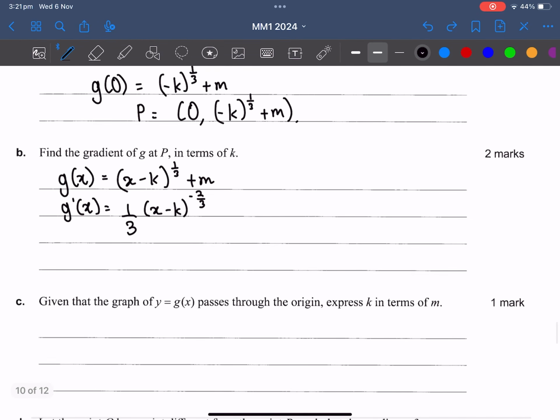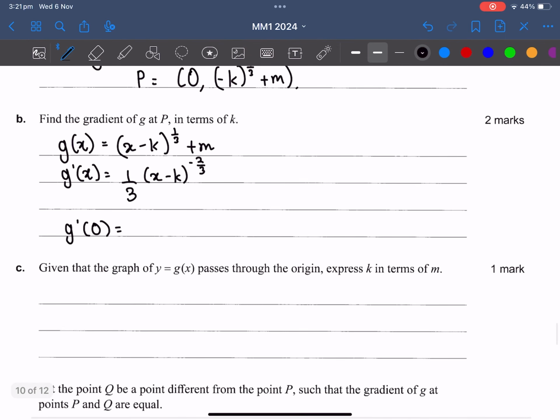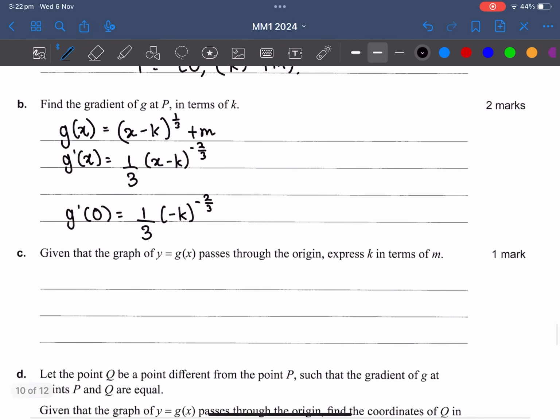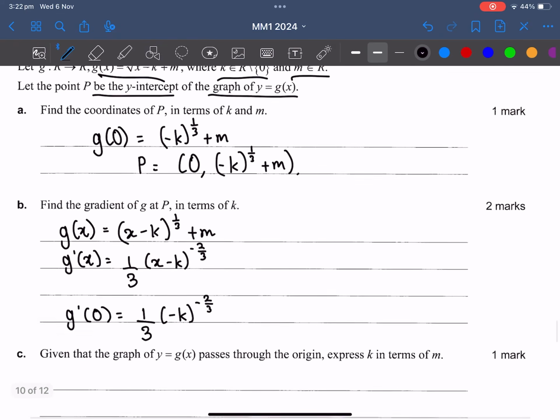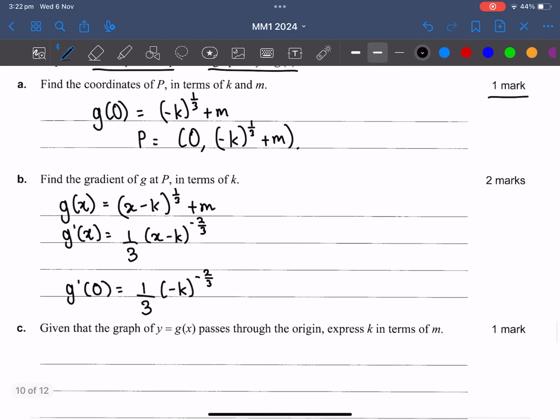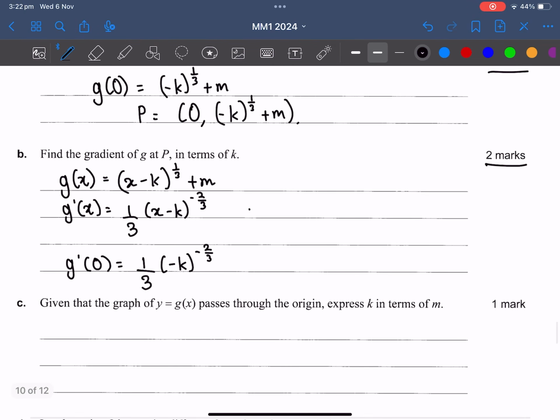Now we have to find the gradient at point P, so when x is equal to 0. So 1 on 3 times negative k to the power of negative 2 on 3 is going to be the gradient. Okay, this one is 1 mark, so probably correct answer. This one is 2 marks, so differentiating and correct answer.